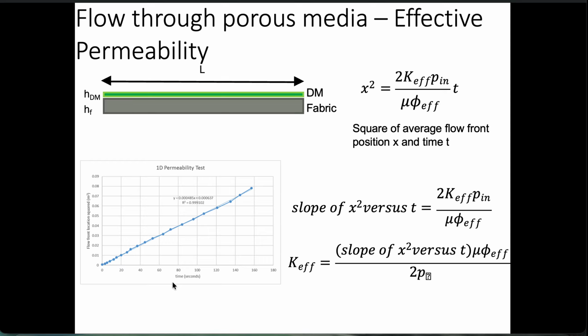So again, you take your data, you create this graph, and then you find the slope of the graph, which when multiplied by the porosity and divided by the pressure is going to give us the effective permeability of the composite. And you can do the statistical analysis using Excel where you are doing the graph. This is going to give you the regression coefficient.